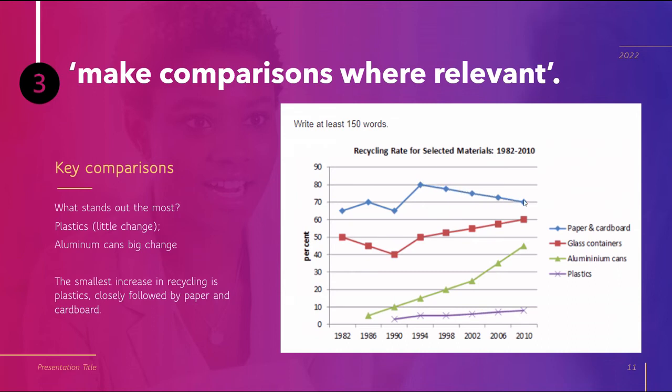So what we're actually seeing that's different with paper and cardboard is that it increased up until 1994, but then it started to decline, which is different to the other 3 types of materials, right? These all have a slow incline, with aluminium obviously having more of a rapid incline from 2002.